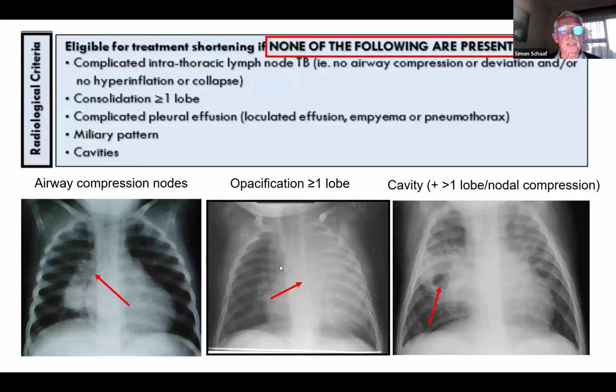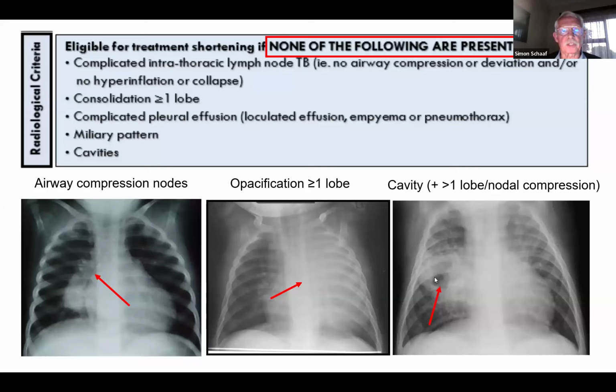In the middle chest X-ray, the whole of the left lung is involved, and you can't clearly see it, but the airway is also compressed. But the fact that there's one or more lobes involved with the consolidation makes it severe. And on the last X-ray, there's a cavity in the Ghon focus. The fact that it's just a Ghon focus doesn't matter. There's a cavity. If there's a cavity, it's severe tuberculosis.